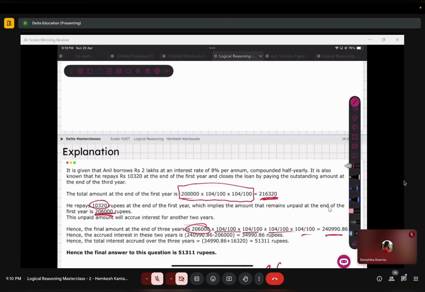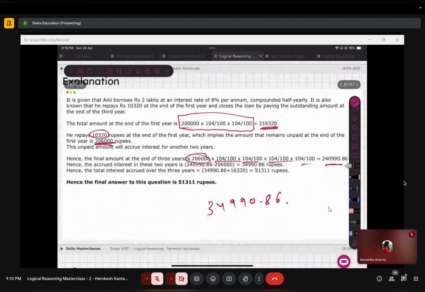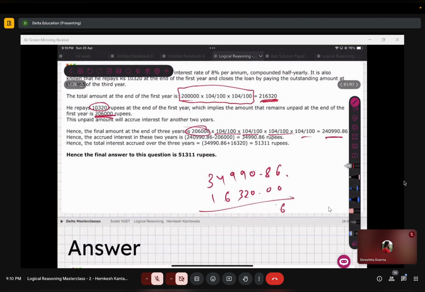Amount minus principal, so the interest came out to be 16,320.00. If we sum these two, we get 51310.86, rounded up to the nearest integer, this is 51311.